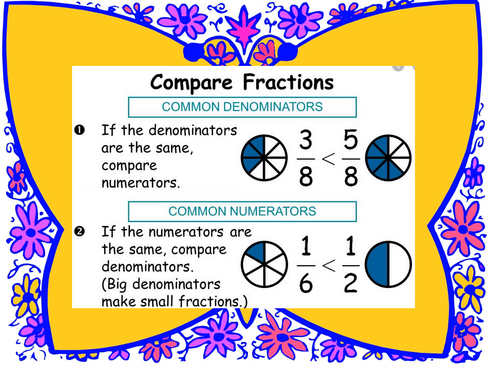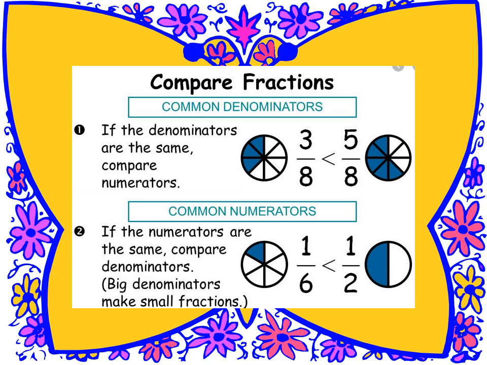The second case is when we have common numerators, only the top numbers are equal, like 1 out of 6 and 1 out of 2. In this case we compare the bottom numbers 6 and 2. Which is greater, 6 or 2? 6.